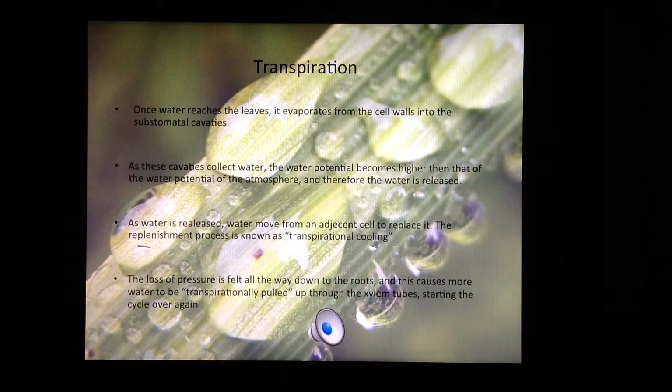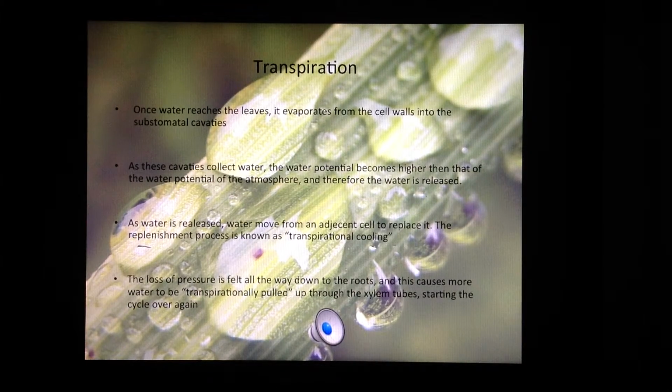Transpiration. Once water reaches the leaves, it evaporates from the cell walls into the substomatal cavities. As these cavities collect water, the water potential becomes higher than that of the atmosphere, and therefore the water is released.